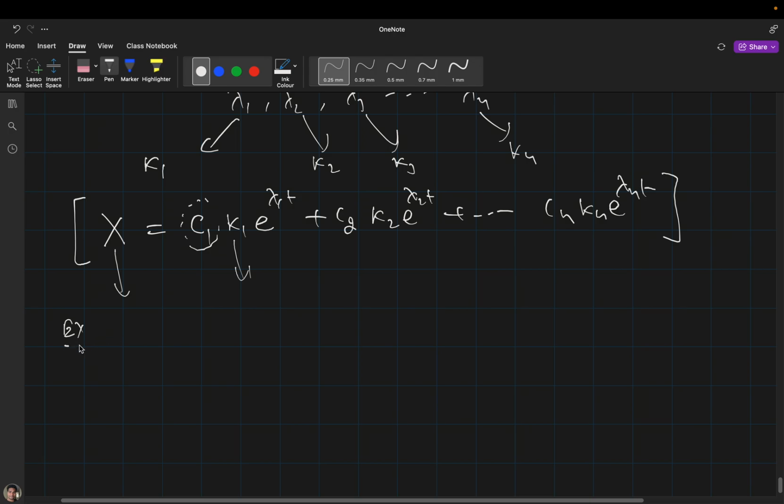Suppose you have one problem like this: y1 dash equal to minus 3y1 plus y2, and y2 dash is y1 minus 3y2.